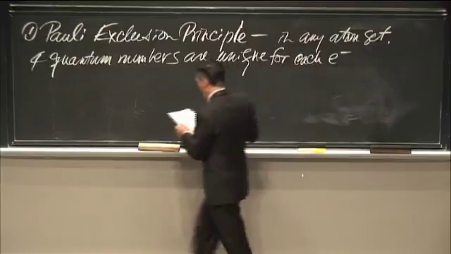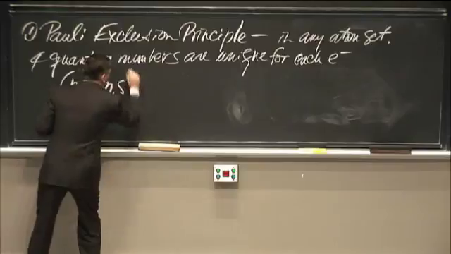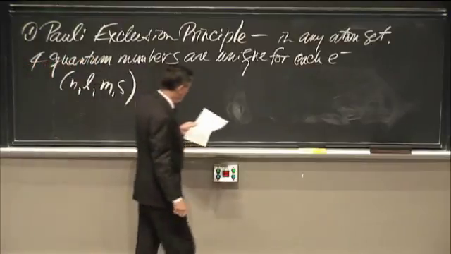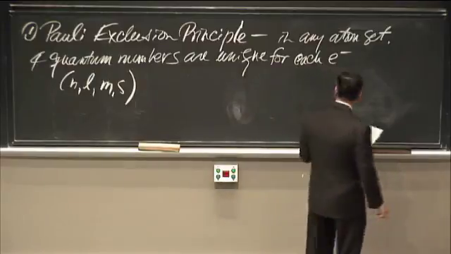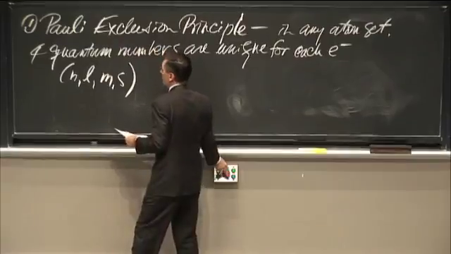So you can think of this set of N, L, M, and S as sort of the social security number, if you like, for each of the electrons in the set. And he eventually gets the Nobel Prize for this in 1945.